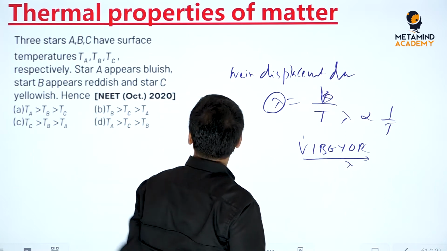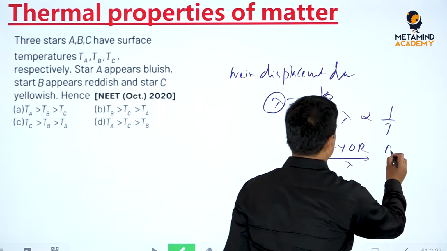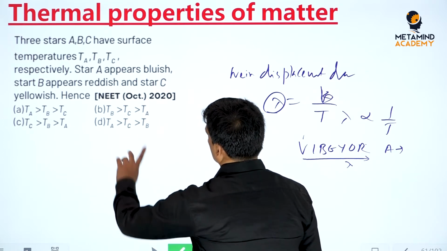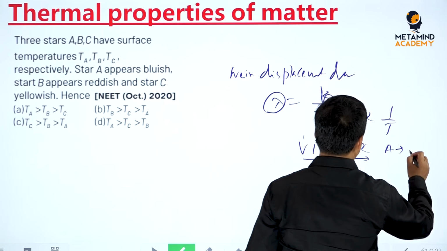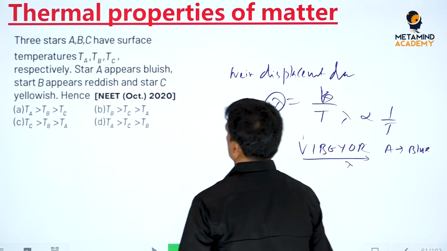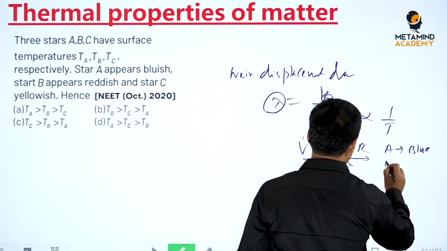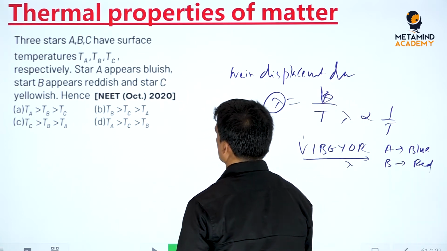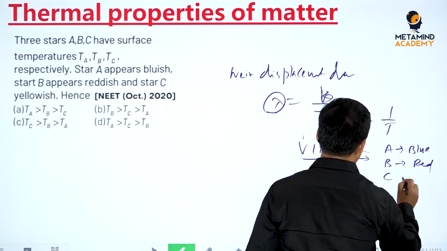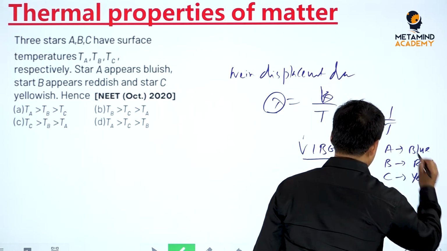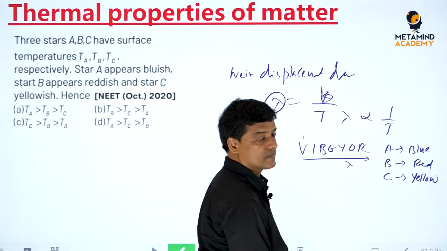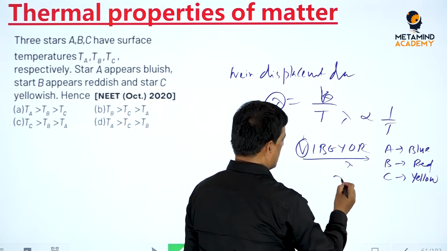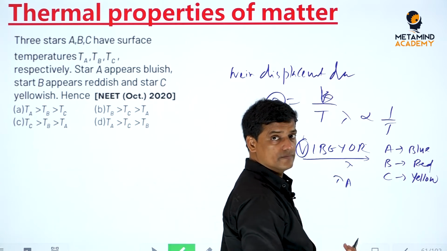Now where are your colors? A is looking blue, B is reddish, and C is yellow. So A is blue, so lambda A is lowest.